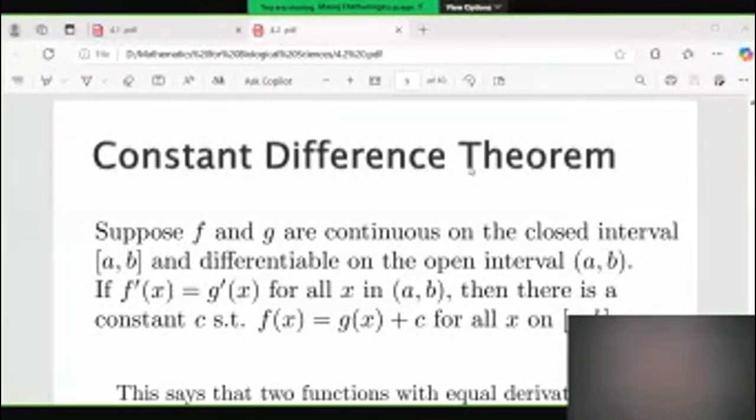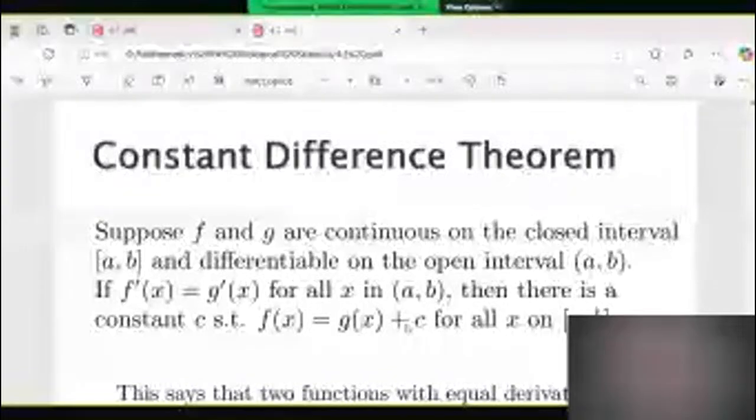Now, the constant difference theorem says the only thing that can happen is f of x equals g of x plus some c. That means you take the graph of g and lift it by c units to obtain the graph of f. So when you move the graph up and down, you get parallel tangent lines. You are changing the y-intercept of the tangent line, but still you have the same slope.